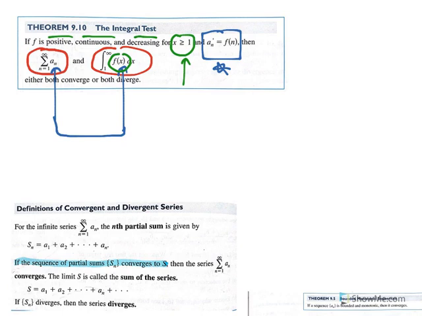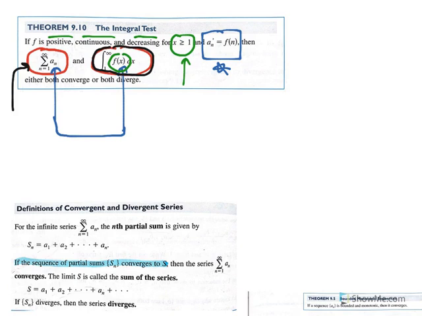So to determine, using the integral test, whether an infinite series converges or diverges, you can look at the corresponding improper integral and use what we learned about improper integrals to determine if the improper integral converges or diverges, and the series will do the same. If the improper integral converges, the series will converge, and if it diverges, the series will diverge.